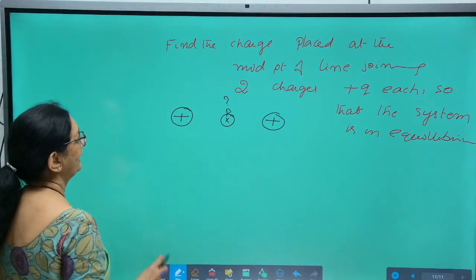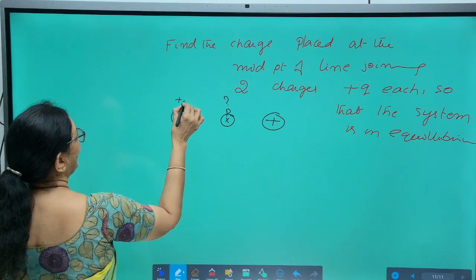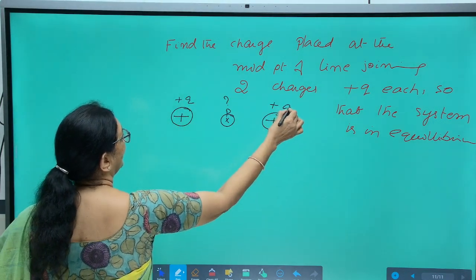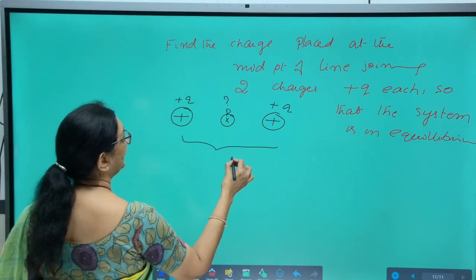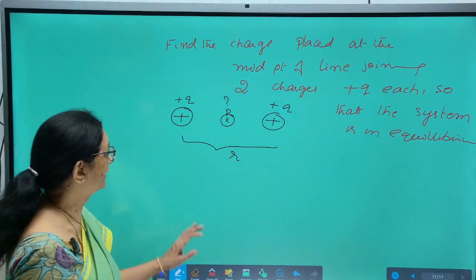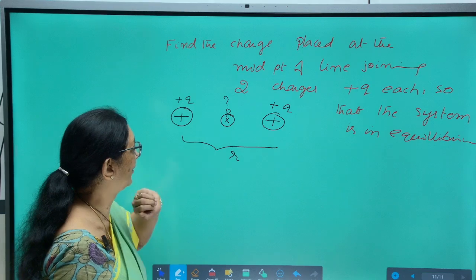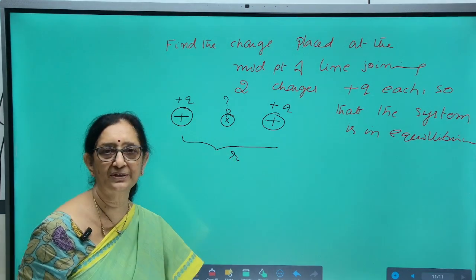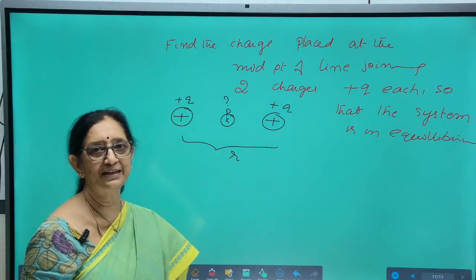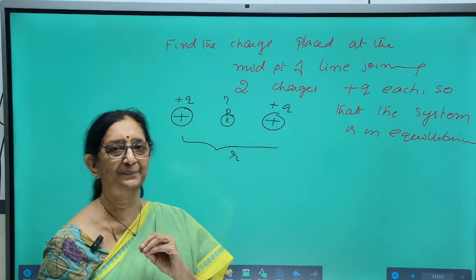So, two identical charges plus q each are separated by a distance r. What is the charge placed at the midpoint of the line joining the two charges so that the system is in equilibrium? Concept is same.